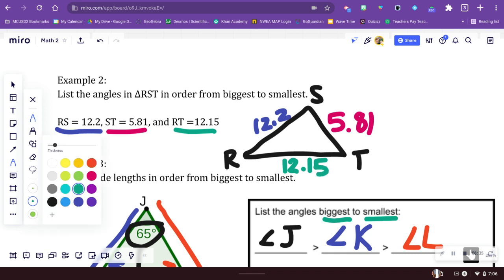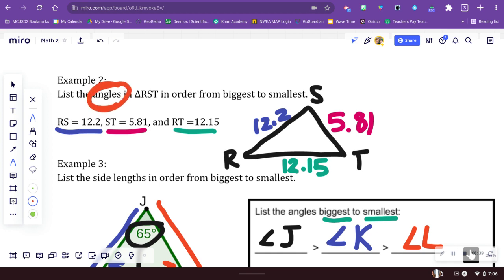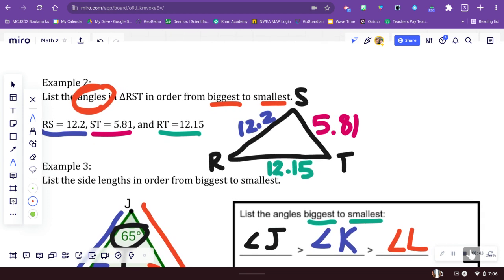Okay, going back to the problem, it says list the angles from biggest to smallest. So I need to start with the biggest one first. The biggest side would be 12.2. So across from 12.2, that would be angle T. Angle T must be the biggest angle.